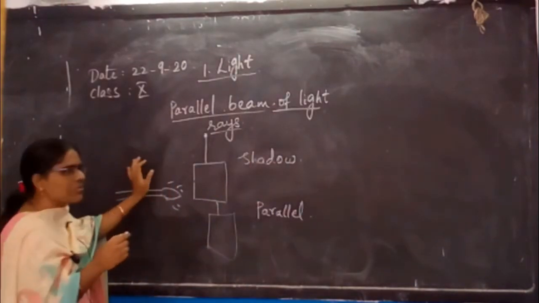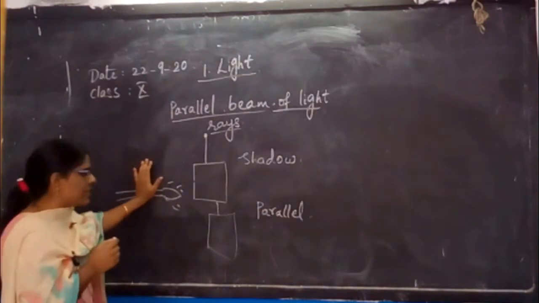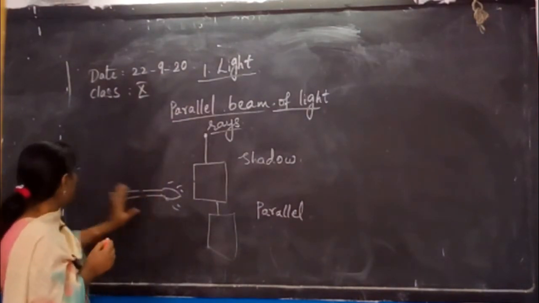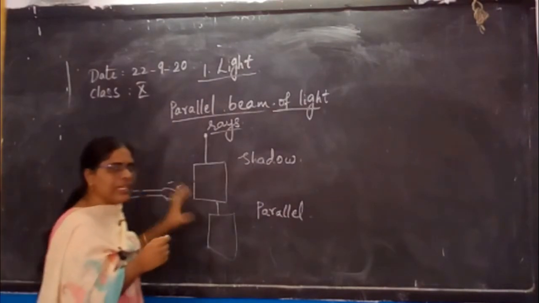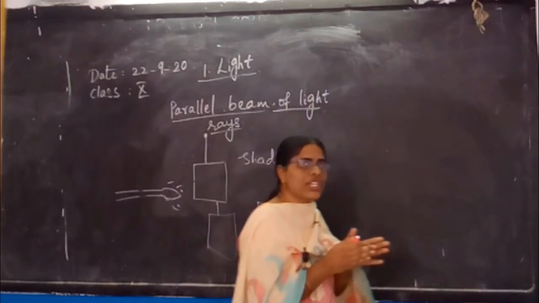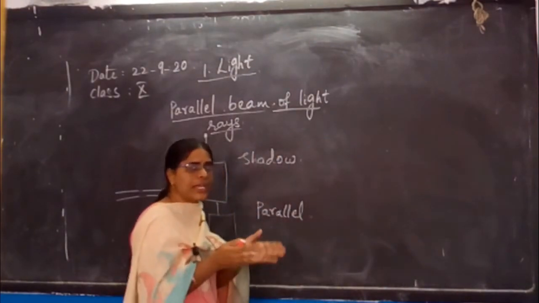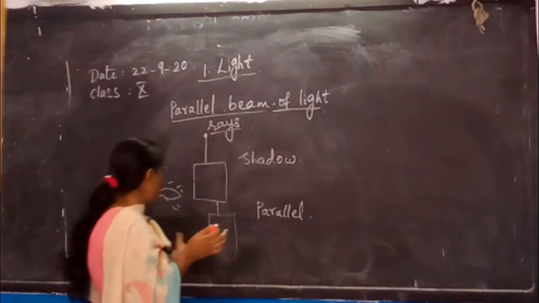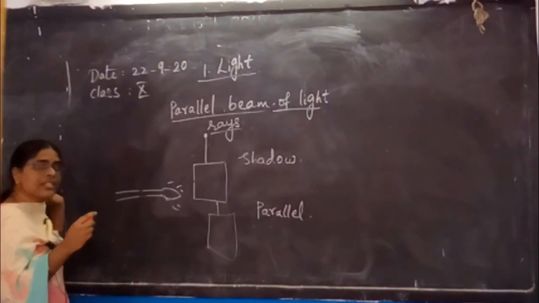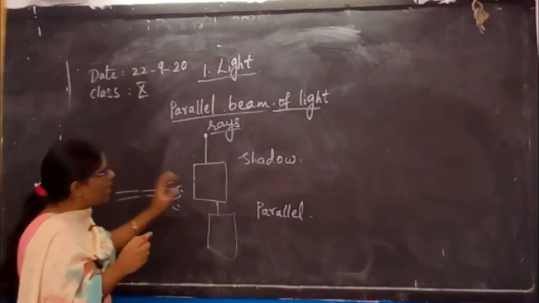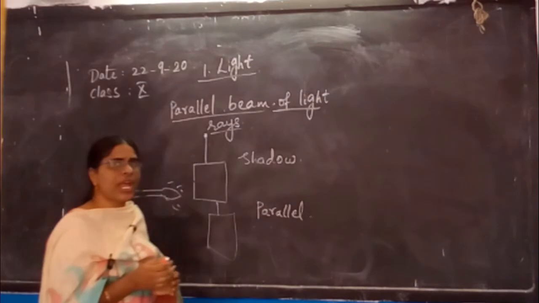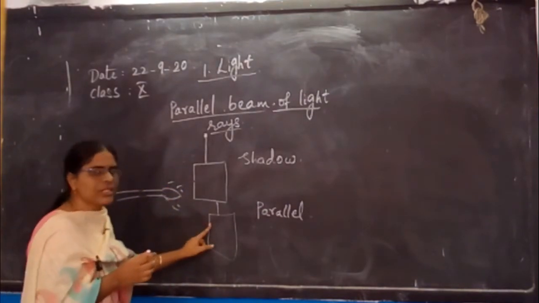From this activity, we can say that my object is a candle. If I place it very near to the thermocols, the shadows of the pins are diverging, moving away. When I place the same candle at a certain longer distance, I see a parallel beam of shadows of these two pins.